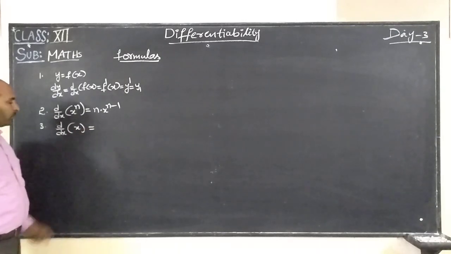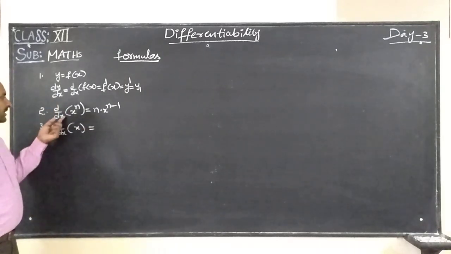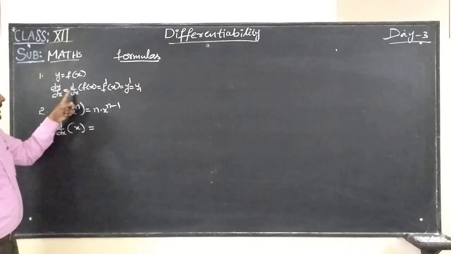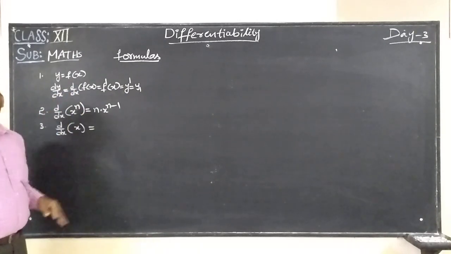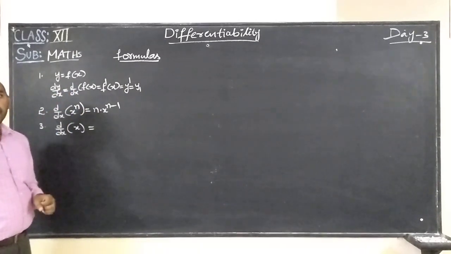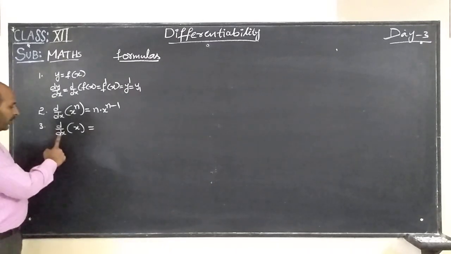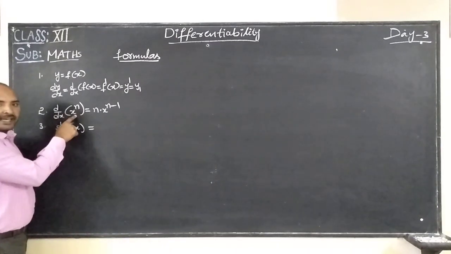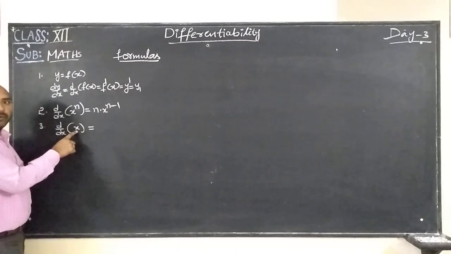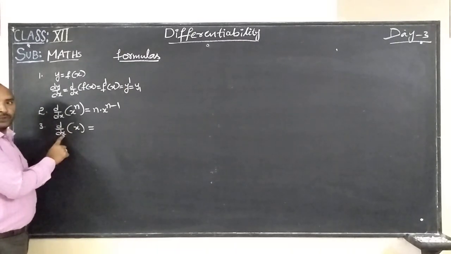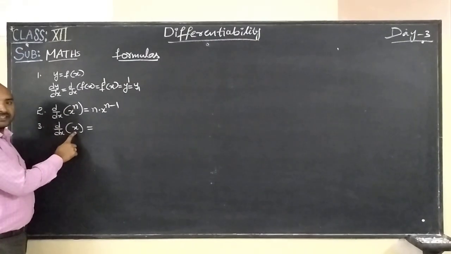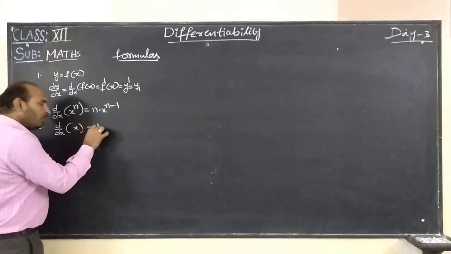Here d by dx is nothing but the differential coefficient or differential operator. So the derivative of the function, here function is variable only x with respect to x. d by dx of x is equal to 1.